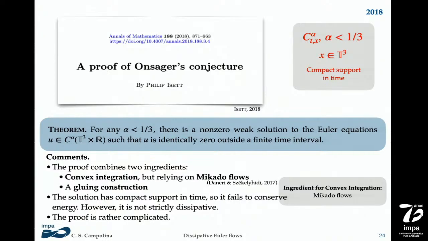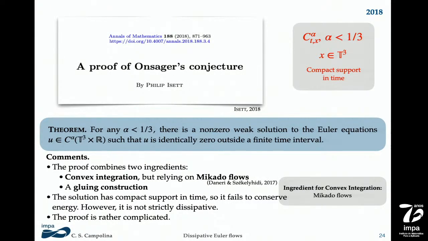So he uses this as an ingredient for the convex integration, and it has some nice properties of how the frequencies interact, and this gives technical advantages to make the regularity and the proof.